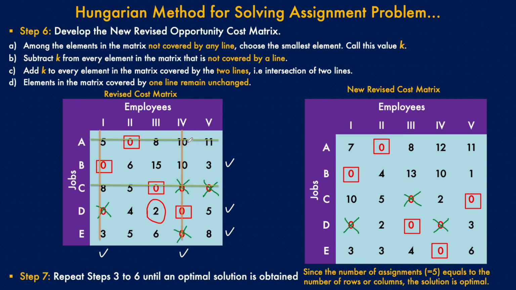So it will become 12. This 0 will become 0 plus 2, 2. This 8 will become 8 plus 2, 10. All the elements touched by a single line, keep as such. There won't be any change in those numbers. So we will get a new revised cost matrix like this.